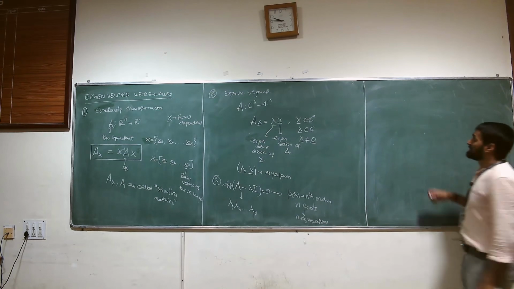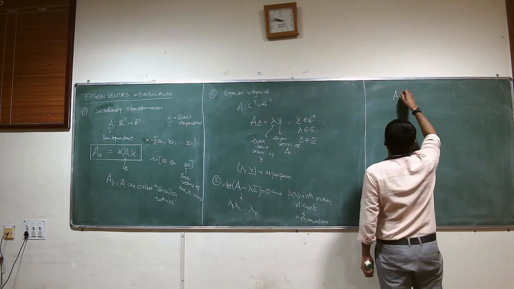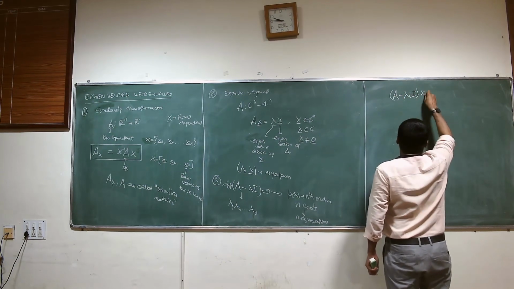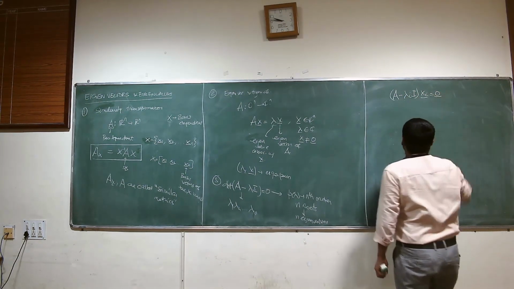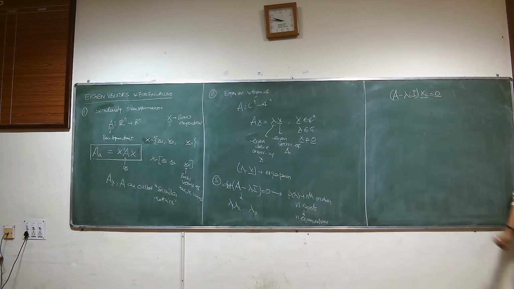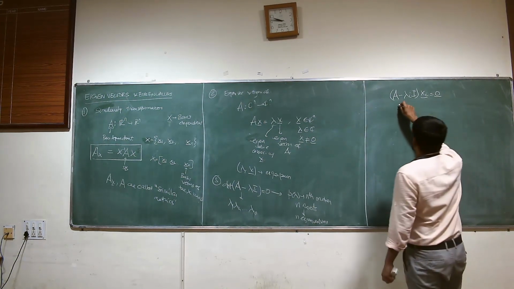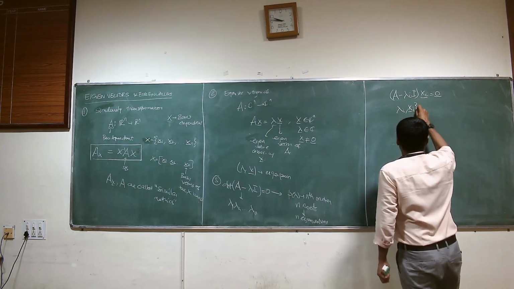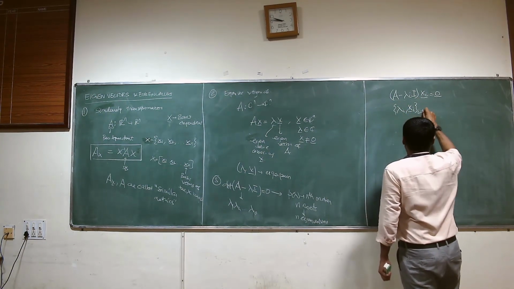Yeah. Right. Then for each eigenvalue, you solve for this and find an xi that satisfies this equation. And if you do that, then you get your lambda i, xi for i from 1 to n.